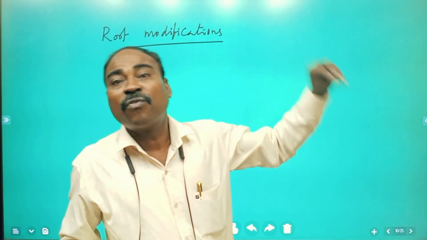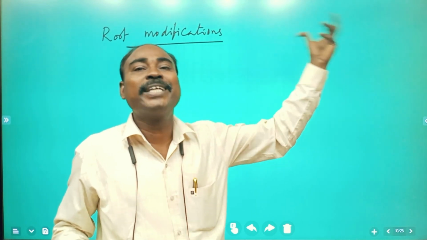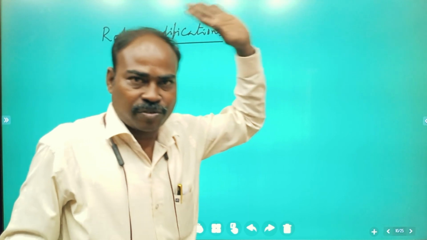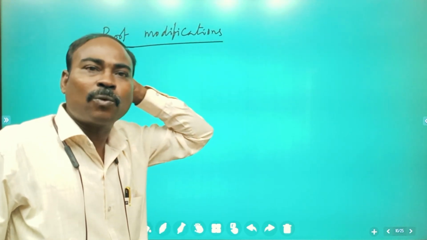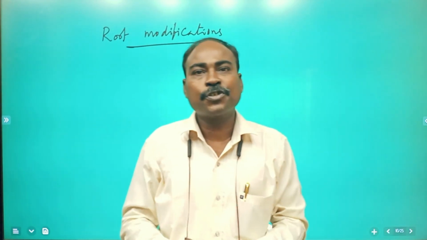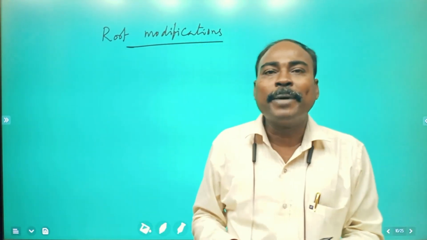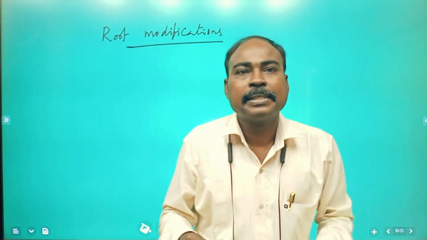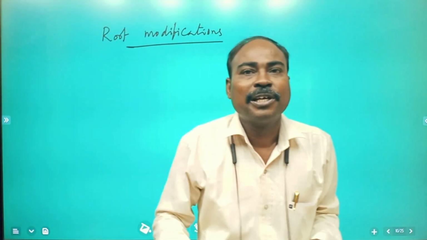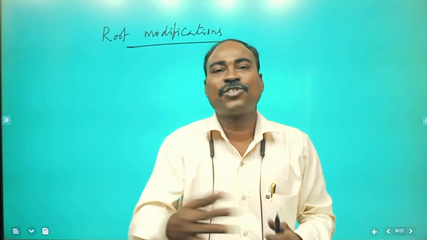Those modified roots which perform various functions are considered root modifications. Here several root modifications we are going to discuss. The types of root modifications with examples we will discuss under a separate topic, root modifications, in the next session.